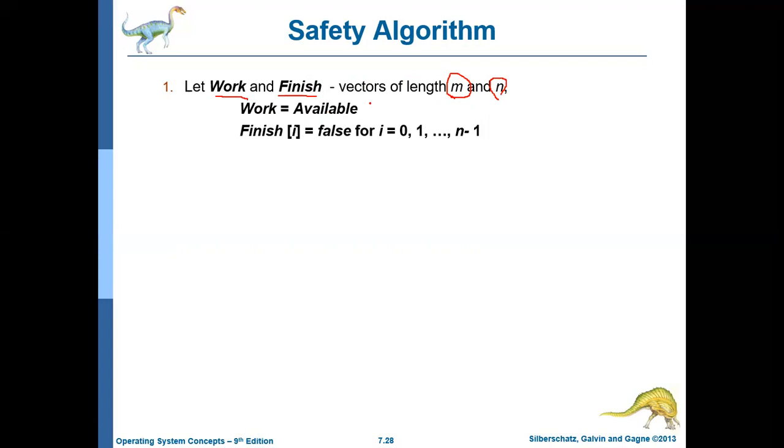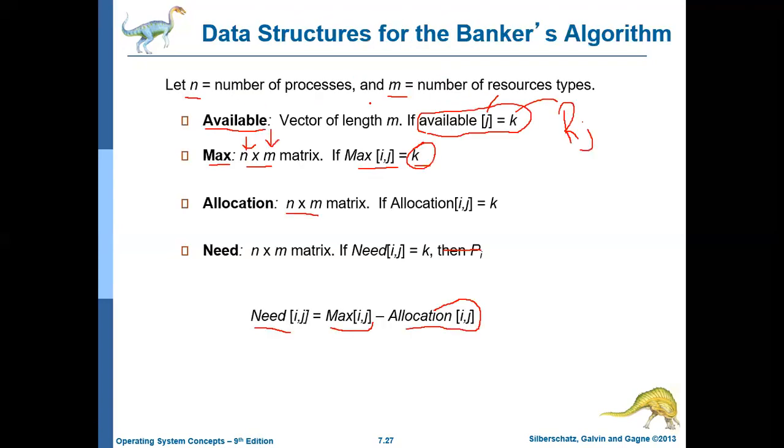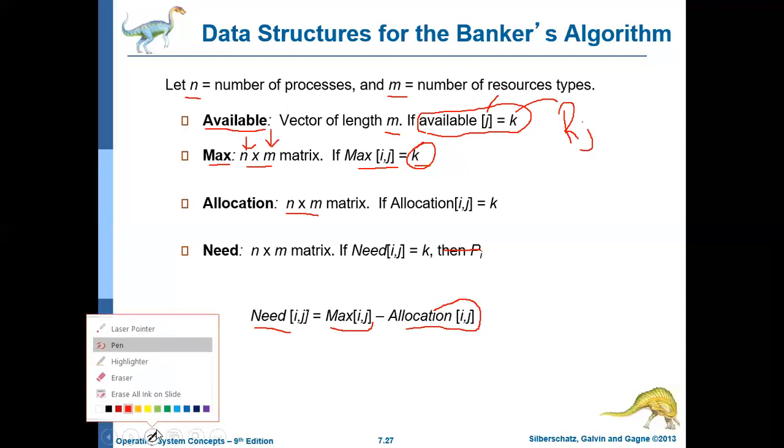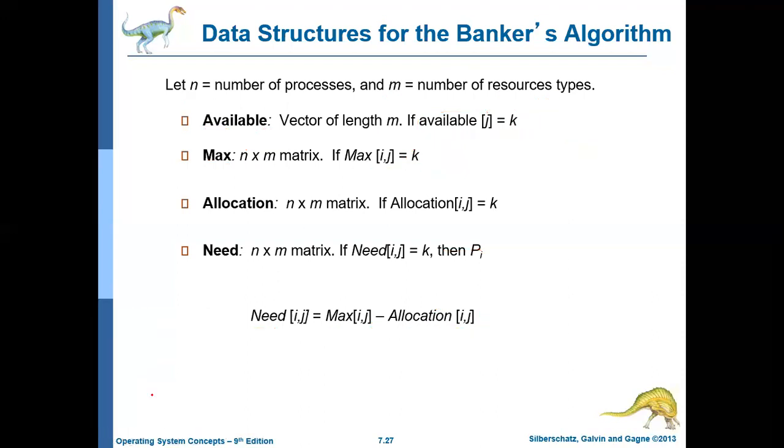What is available? You just recollect, available is a vector we discussed in the previous slide. Available is a vector of length m, that is, the number of resource types. If available of j equals k, then it means that currently k instances of resource j are available with the operating system.